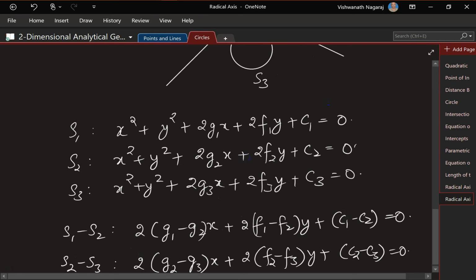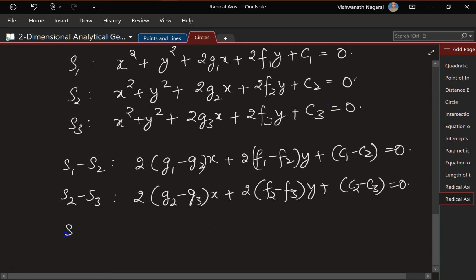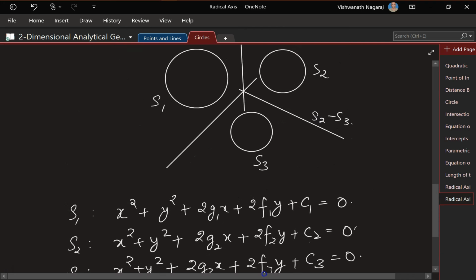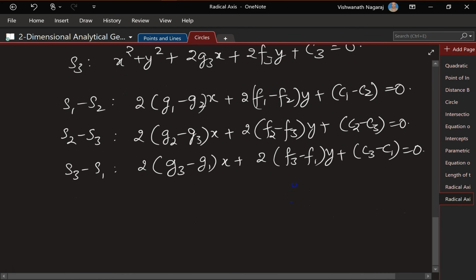And finally, S3 and S1. So S3 minus S1 would be 2(g3 minus g1)x plus 2(f3 minus f1)y plus c3 minus c1 equal to 0.